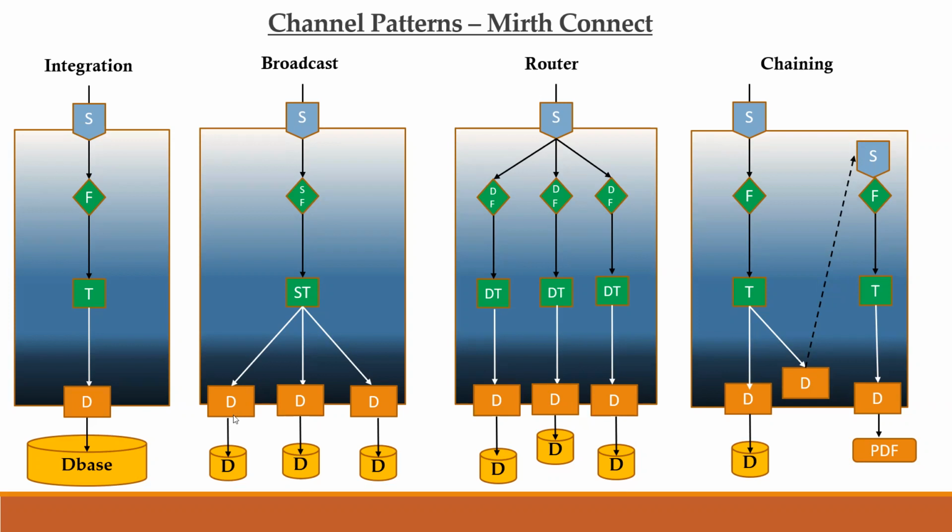Whether you receive a response from the destination, for us to understand whether the transaction is successful or not, depends on what type of connection model you are using. If it is a folder connection model, then you don't need to get a response because you are writing the data to the local folder. In case you are unable to write the data to the folder, then immediately the interface engine will shoot up an error stating that it cannot write the data.